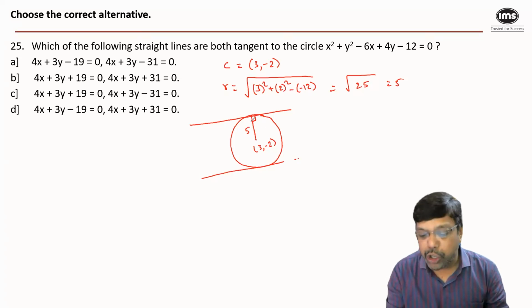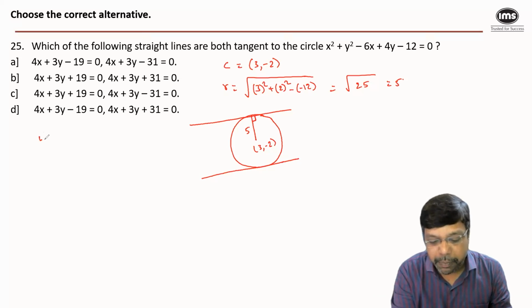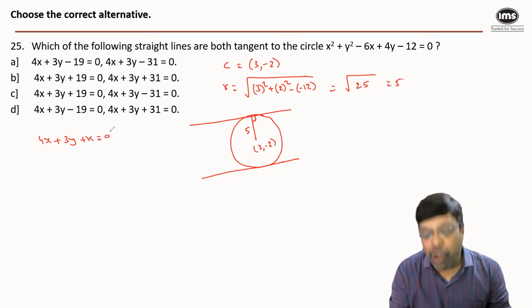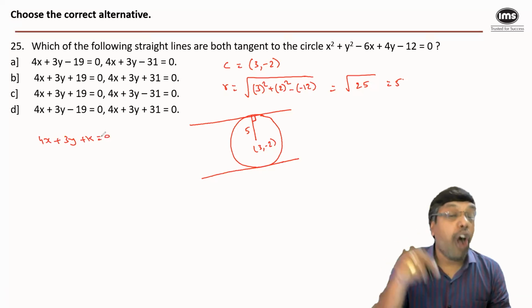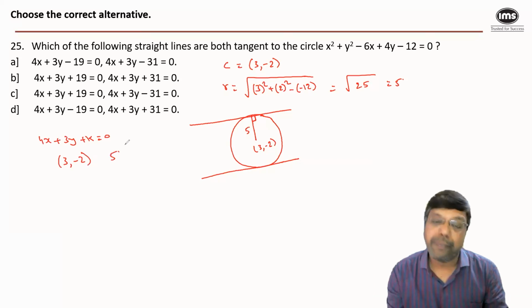So let me assume the equation of either of the tangents is 4x plus 3y plus k equal to 0. And the length of the perpendicular drawn onto this line from the center 3, minus 2 is equal to 5.